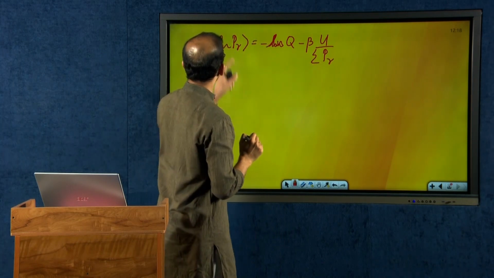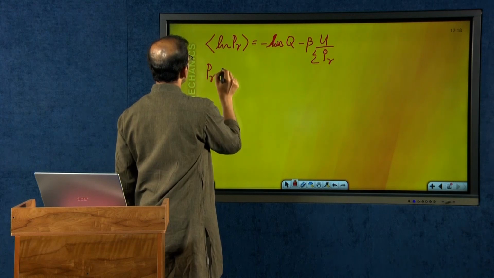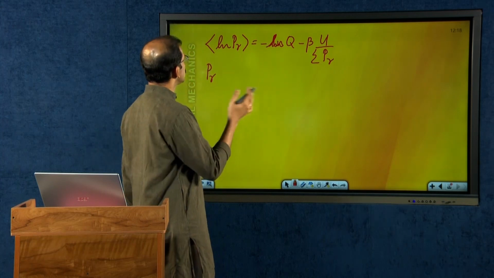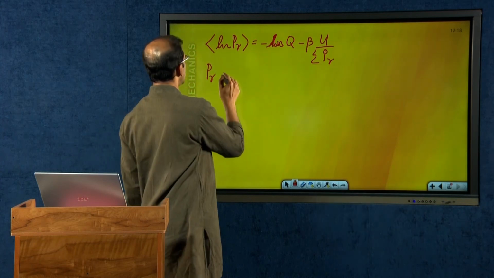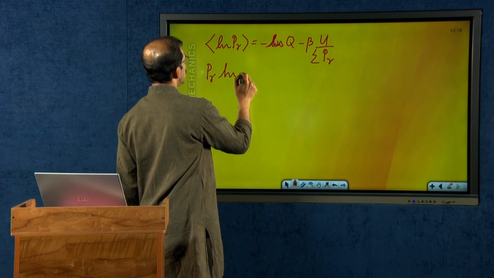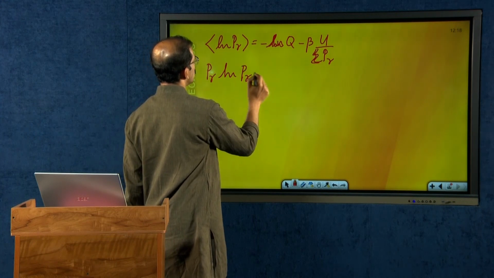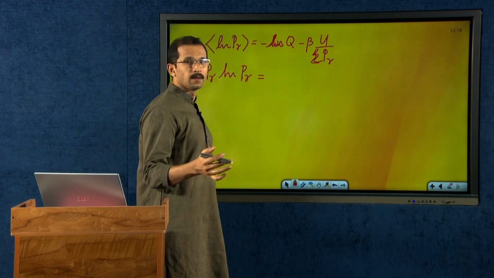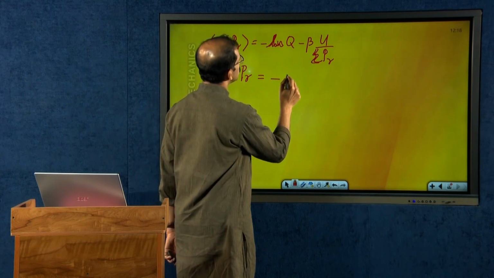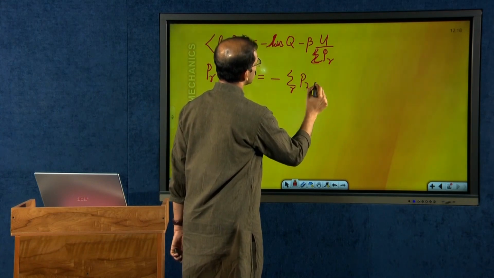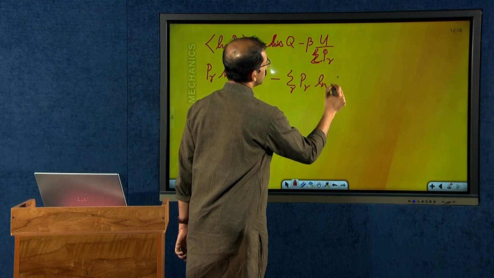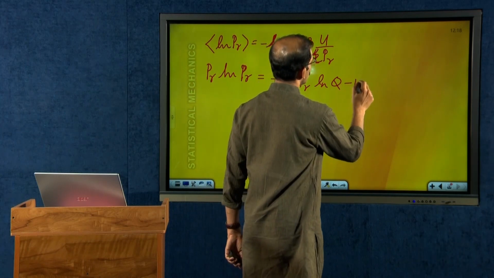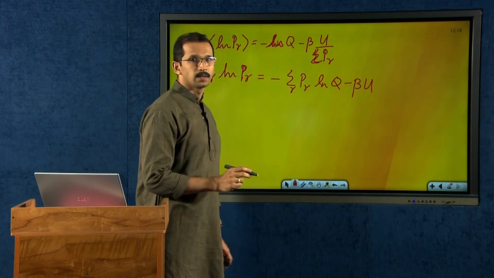and if I take the P_r over to this side, P_r into the average of ln P_r, the average does not have any significance. With or without the average, it is the same thing. So, I can simply write the summation over r of P_r ln P_r is equal to minus the summation over r of P_r times ln Q minus beta U, right.